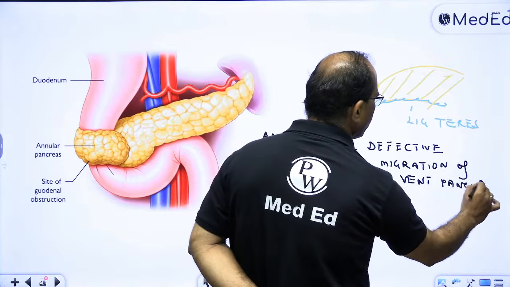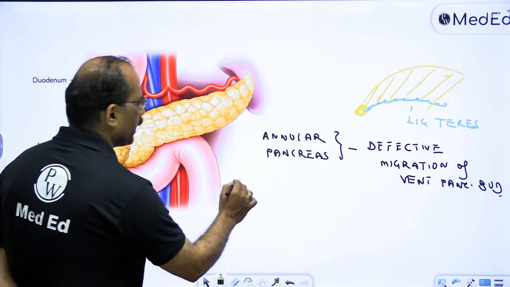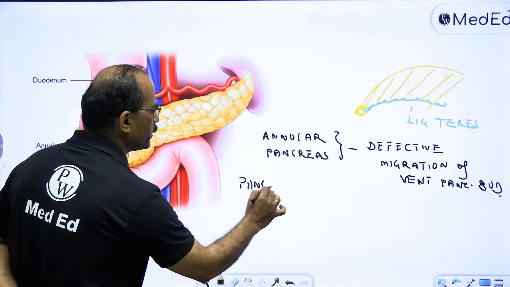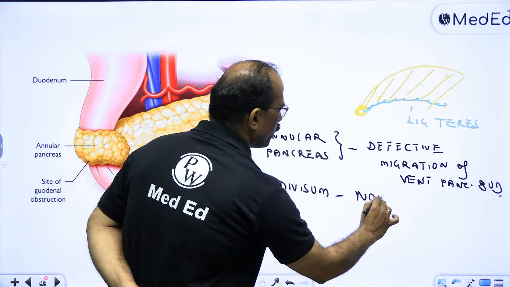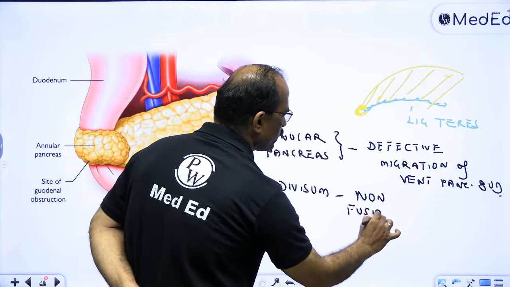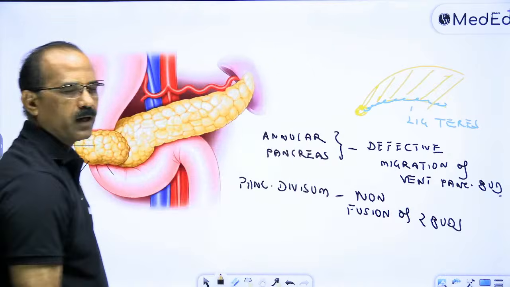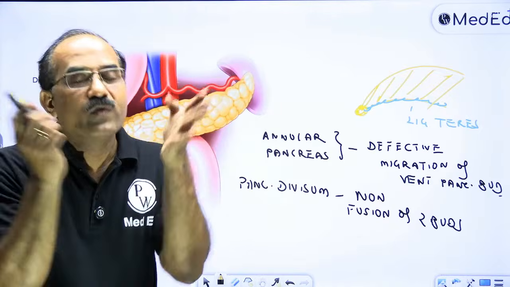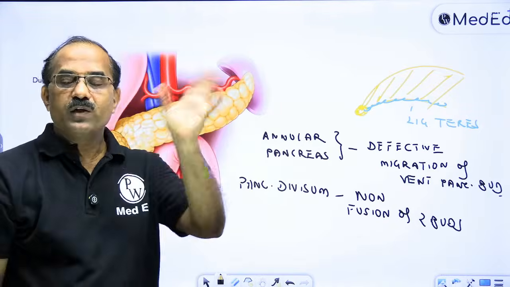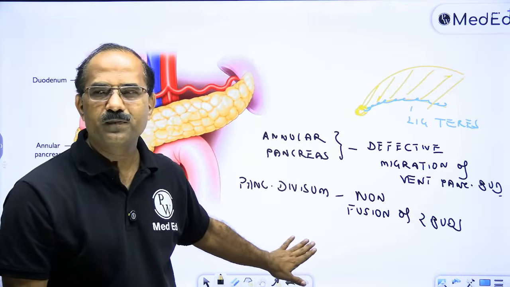Defective migration of ventral pancreatic bud leads to annular pancreas, and एक और है pancreatic divisum, which is due to non-fusion of the two buds. ये दो important MCQs है, याद रखना. If the dorsal and ventral bud do not fuse, it results in pancreatic divisum.